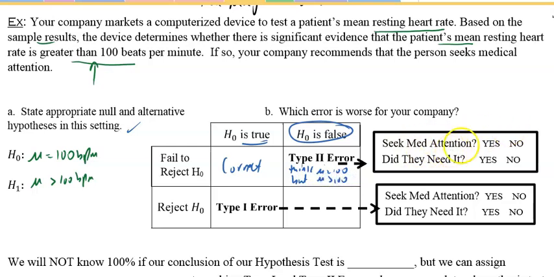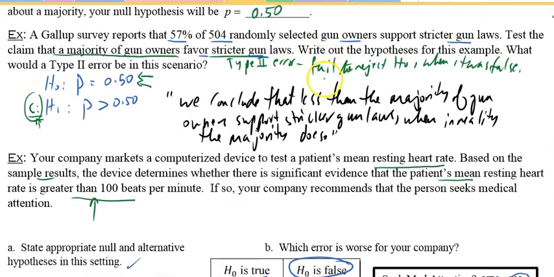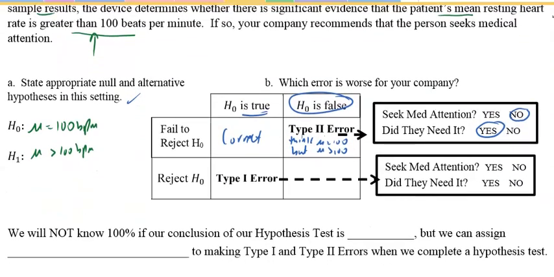So here, would you seek medical attention? No, you wouldn't seek medical attention. Do you need it? Yes, because you do not reject the null hypothesis when it is false.